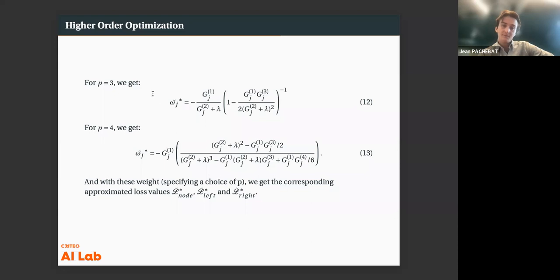So here I've put up the Hausser weights that we get for p equal 3 and p equal 4, which we have used in our implementation further.